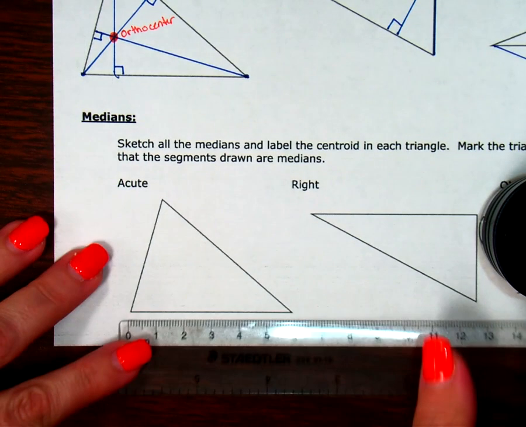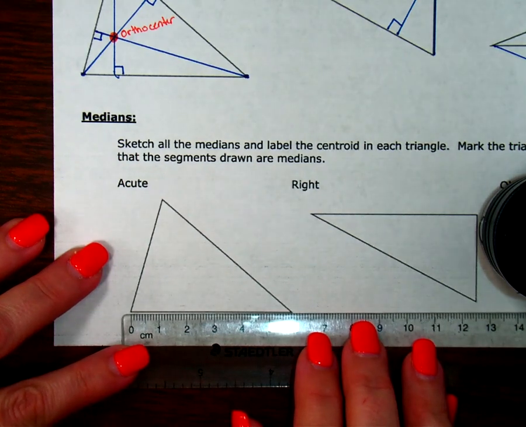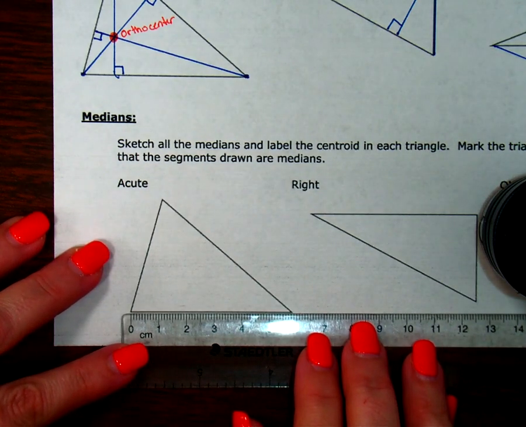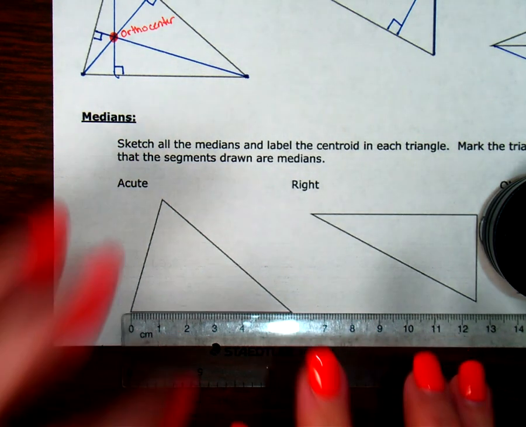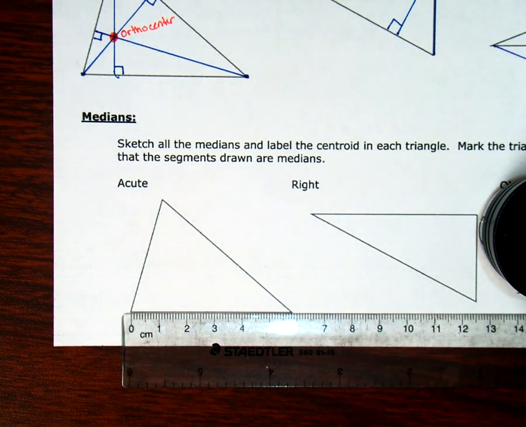All right, so when I look at this first one and I go to measure, and I want to try to be as exact as possible, this is probably about 5.8 centimeters.